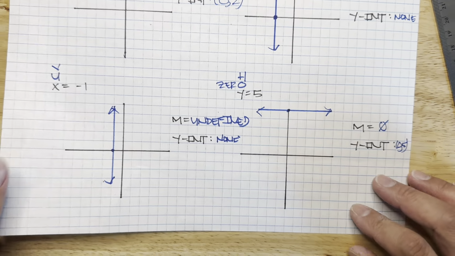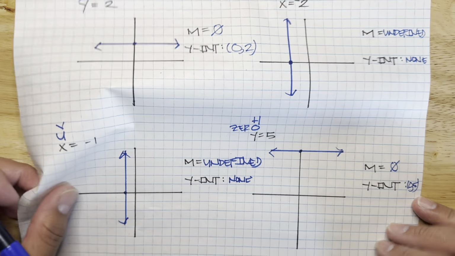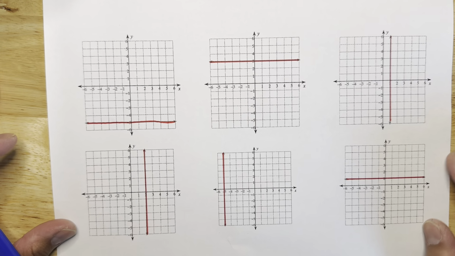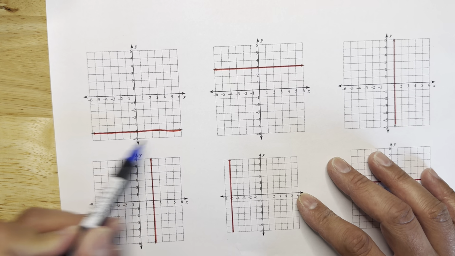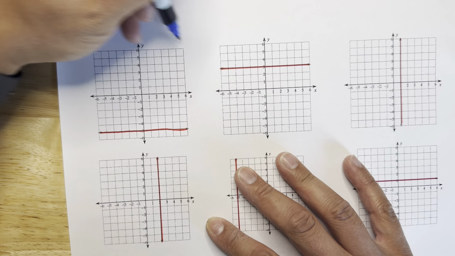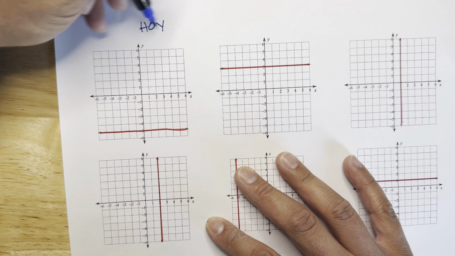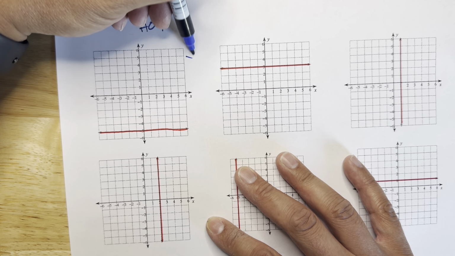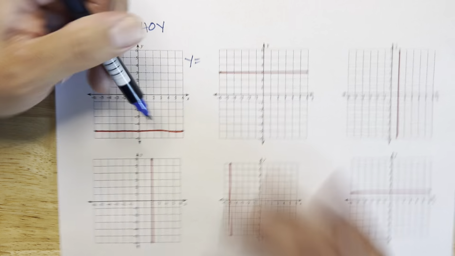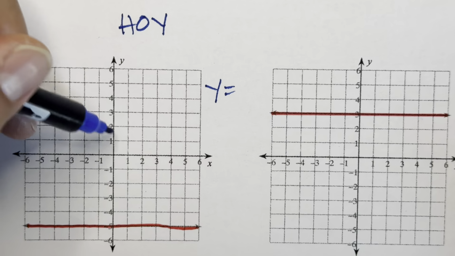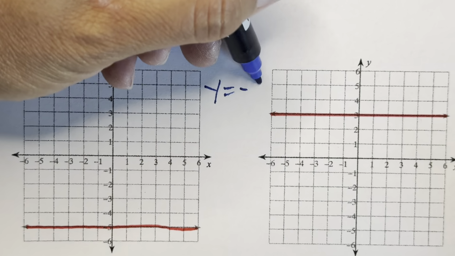Now, your teacher, maybe me, maybe someone else, may give you these and say, give me the equations for these graphs. Well, let's look at this one. This one is sideways, so it's horizontal. So this is a HOY problem. Our equation is y equals, because it's horizontal, and where does it cross the y-axis? -5.